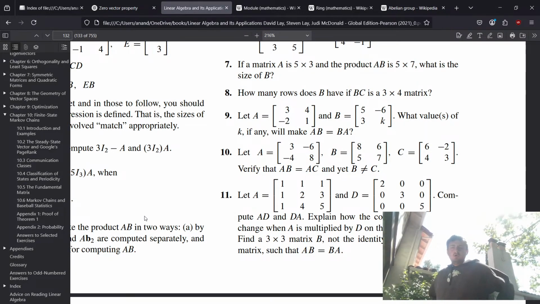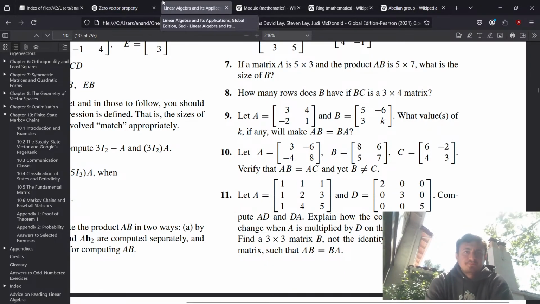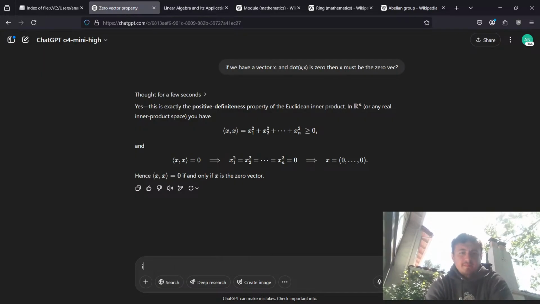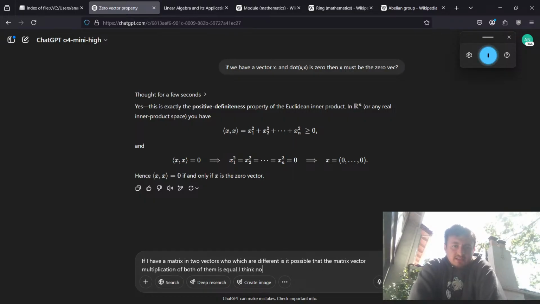Why is it the case that, if I have a matrix and two vectors which are different, is it possible that the matrix vector multiplication of both of them is equal? I think no, unless it's zero.